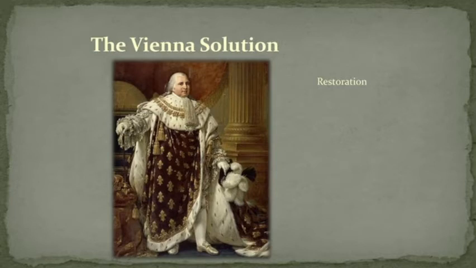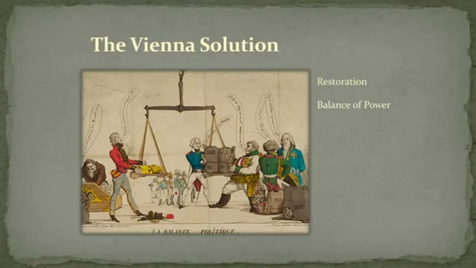Now, another big concern of the members of the Congress of Vienna, and something they ultimately decided upon, was trying to maintain some form of balance of power. All right. And this was a great concern. What they didn't want is one nation to be too powerful.